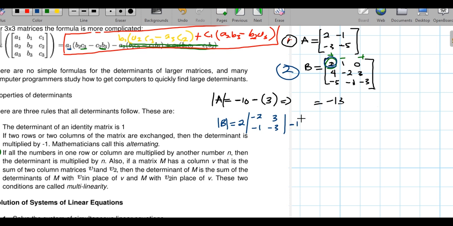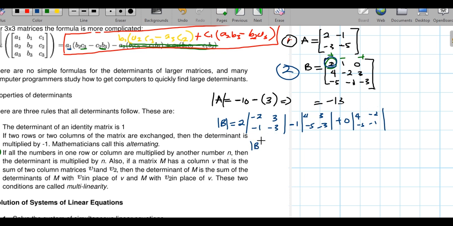Then this is going to be minus 1, because of this minus. So we'll be left with 4, minus 5, 3, minus 3. Then we are going to have plus 0 into 4, minus 5, minus 2, minus 1.